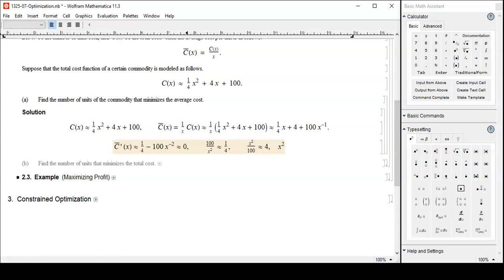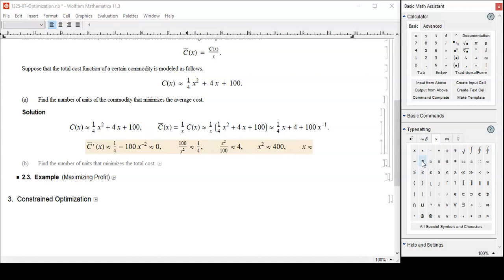So x squared is approximately equal to 400. So x is approximately equal to 20. Negative 20, but that's a negative value, so it's invalid. And then let's plot it.